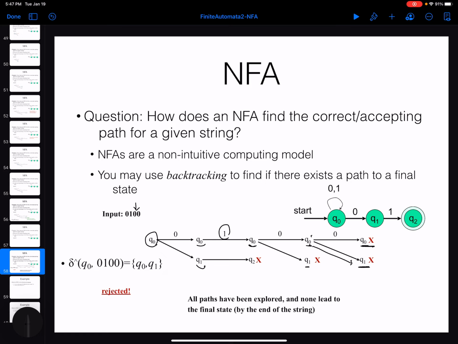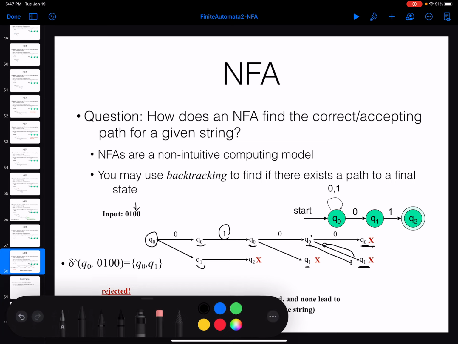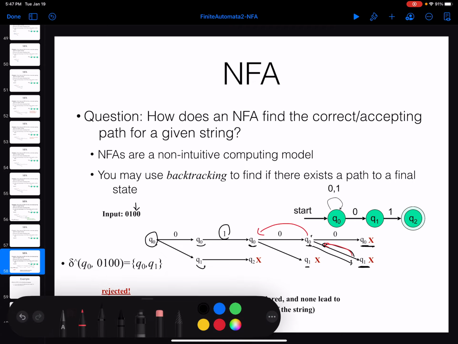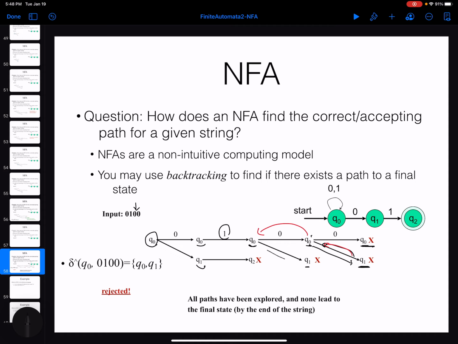This path is going to reject the string. Q1 is not an accepting state, so you will backtrack. Let me use a different color. You will backtrack here, and then you will backtrack here. Then this time you will follow this path.